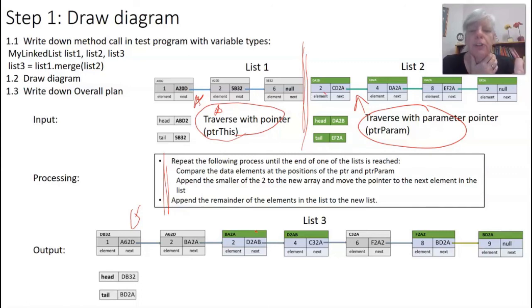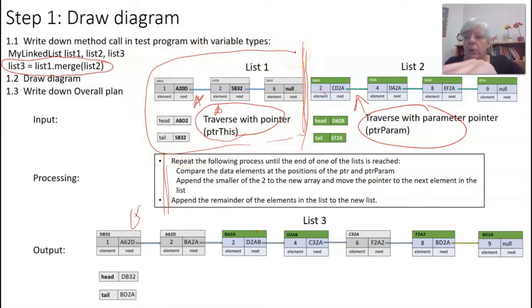The most confusing thing here is this line actually. And that line has very little to do with study unit 4. It has to do with last semester's work and study unit 3. I have an object of the class MyLinkedList called list 1.